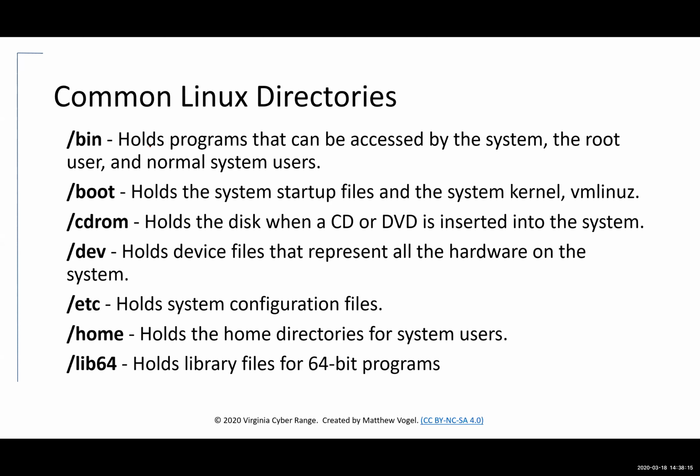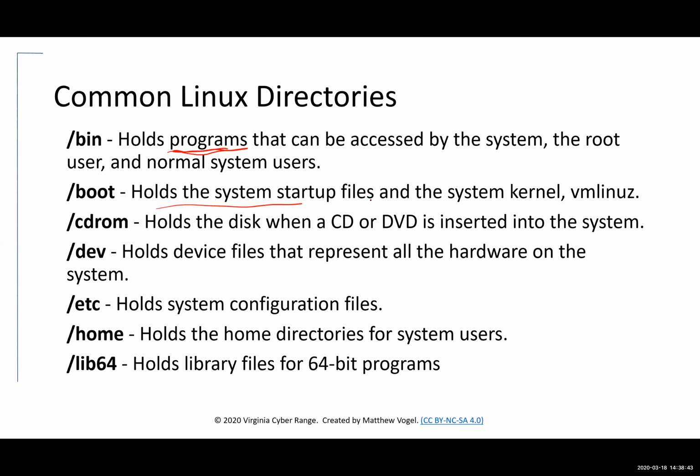The /bin directory holds executable programs, system utilities that are resident in most Linux systems. Most Linux distributions are going to have a bin with the standard utility executable programs that are used by users and the root user.